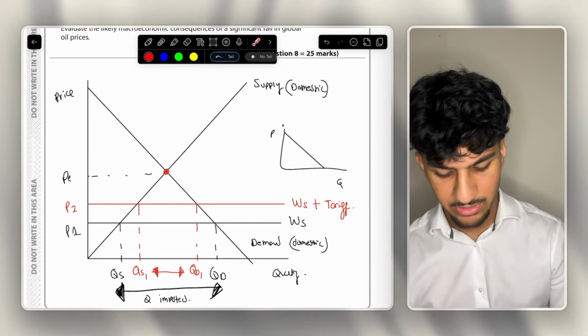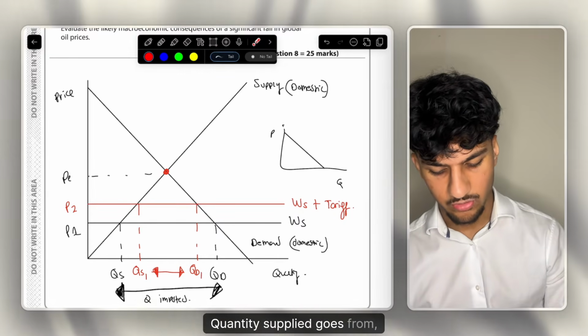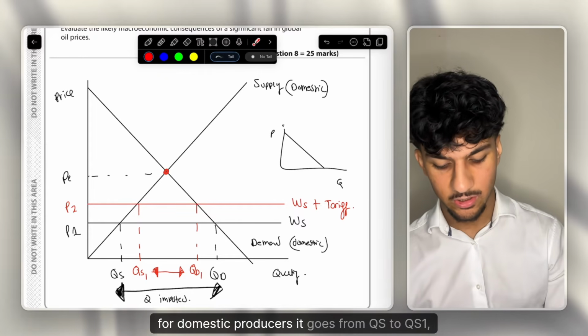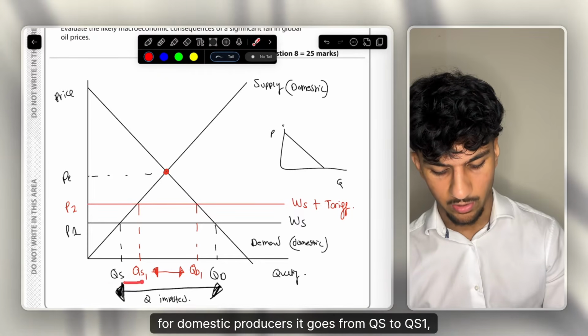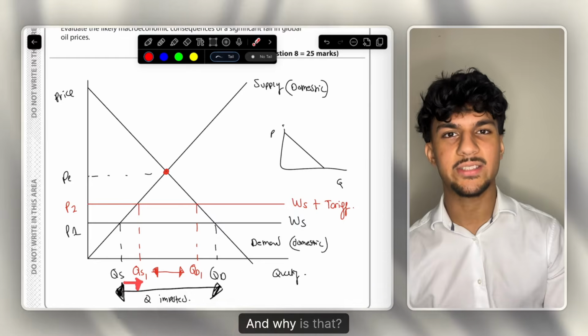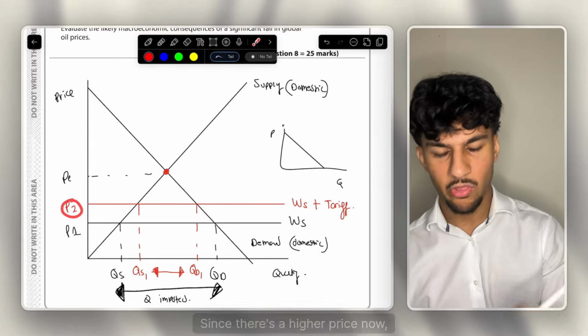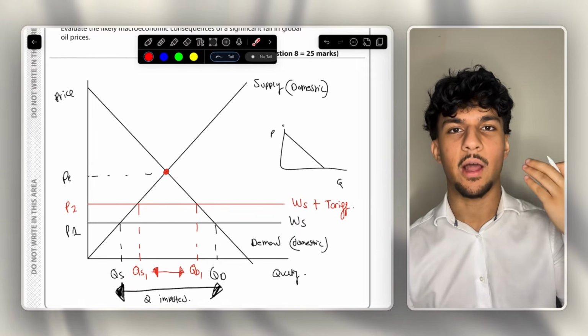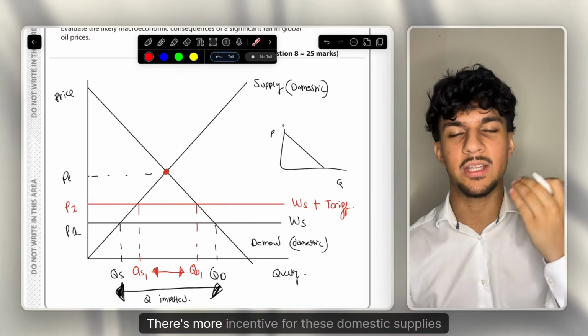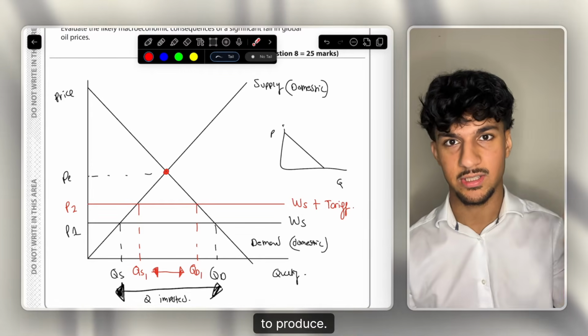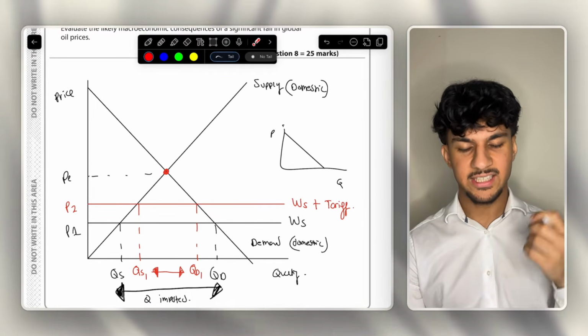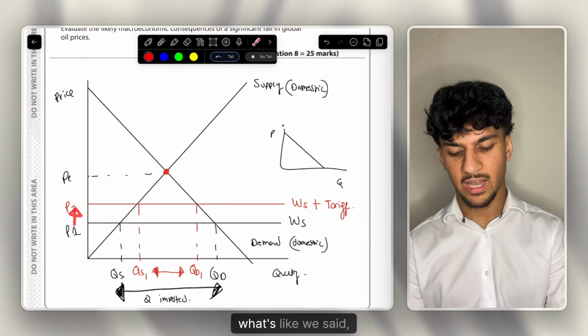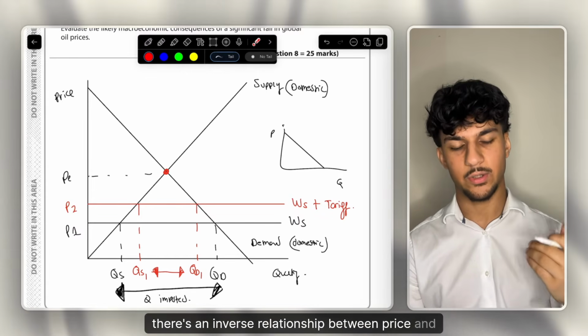Quantity supplied by domestic producers goes from QS to QS1, so it increases slightly. Since there's a higher price now, there's more incentive for domestic suppliers to produce. And on the flip side, since prices have gone up, there's an inverse relationship between price and quantity demanded.